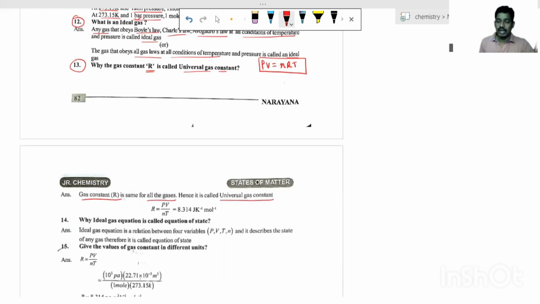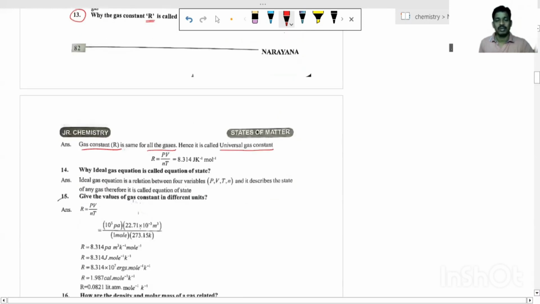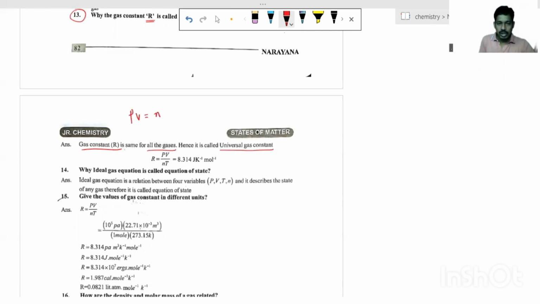So from the ideal gas equation, we can get the relation between R and pressure, volume, number of moles, and temperature. Just now we discussed PV is equal to nRT, which is called the ideal gas equation. From this we can write R. So R is equal to PV by nT. So it has a value of 8.314 joule per Kelvin per mole, which is the value of R in joules.